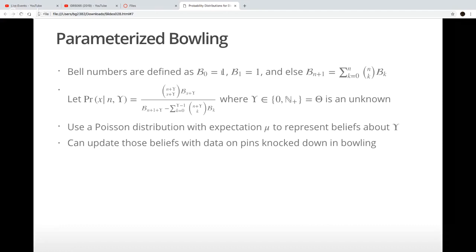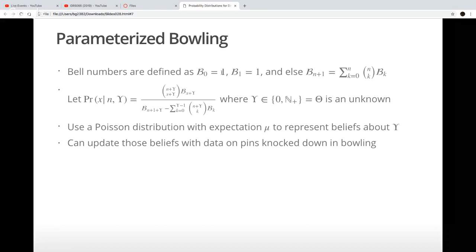But the Bell numbers can be defined as follows: the 0th Bell number is 1, the first Bell number is also 1, and all subsequent Bell numbers are defined as the sum from k equals 0 to n of n choose k times the kth Bell number. Bell numbers on their own are not super useful, but having this recursive definition allows us to easily write down a probability mass function involving the Bell numbers.